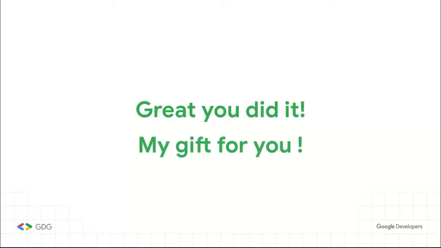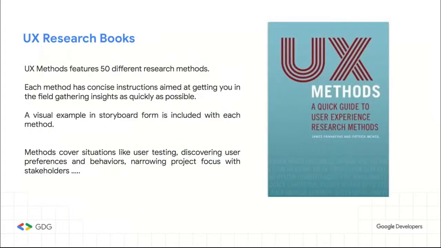Nice. I have a gift for you also, after answering all these questions. Actually, to start with UX research, there's this book where we can find 15 different research methods. Each method consists instructions aimed to getting you in the field of gathering insights as quickly as possible.